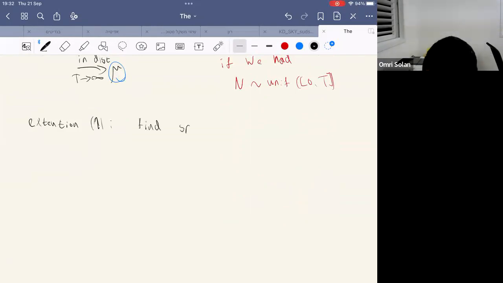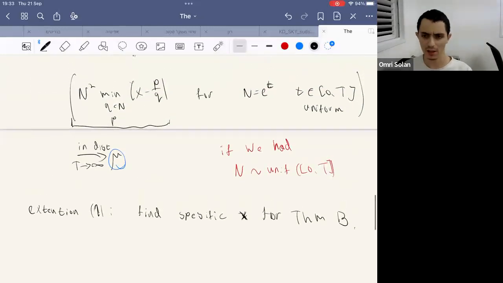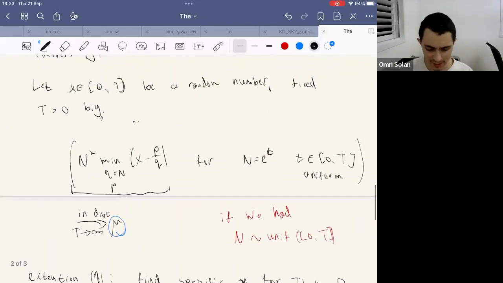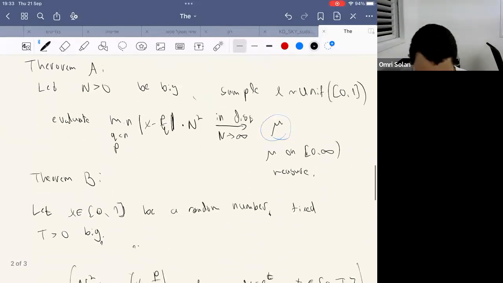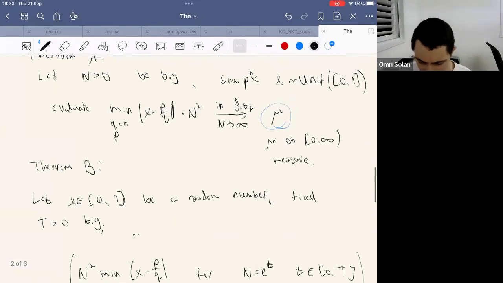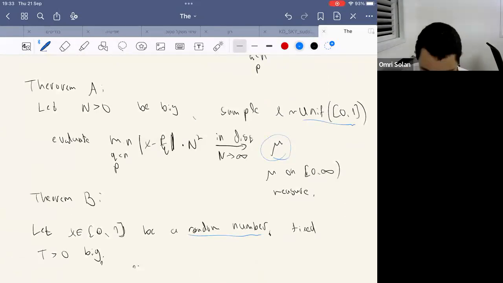Find a specific x for theorem B. The second natural way to extend theorem B, and actually theorem A as well, is by changing the randomness, this uniform way we sample x.